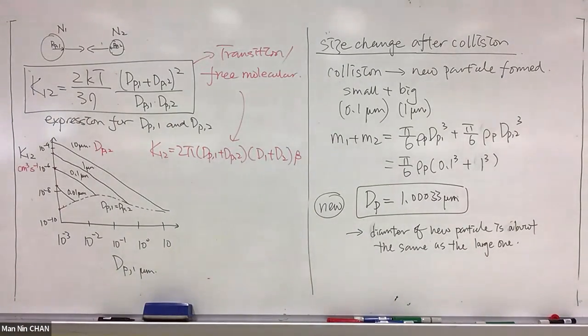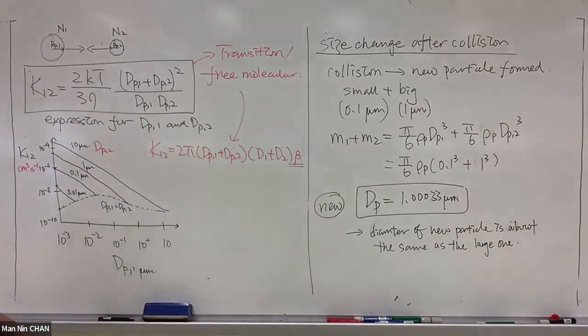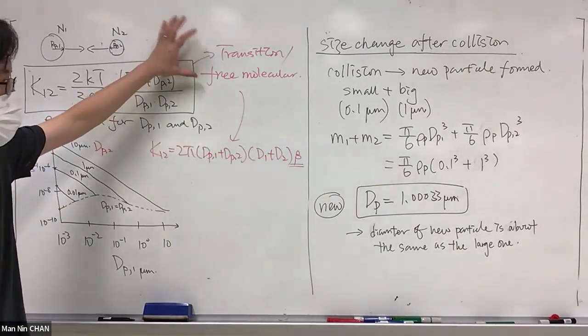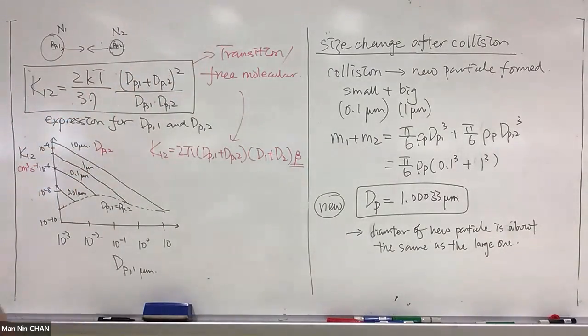We don't go into details, but it depends on what condition we are talking about. Remember, most of the time when we derive this equation, we are in the continuum regime, assuming a perfect absorber.